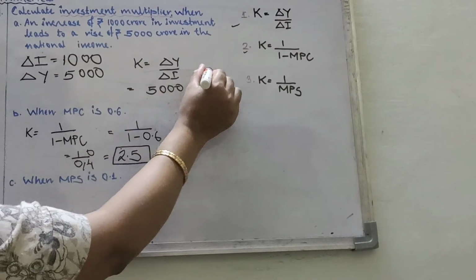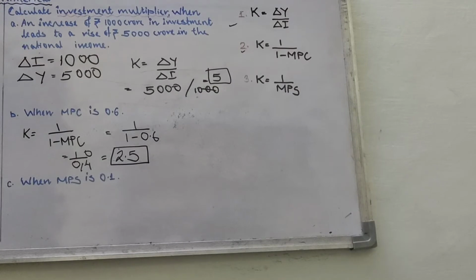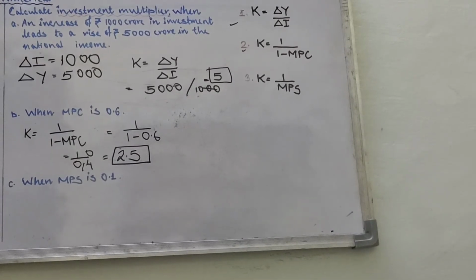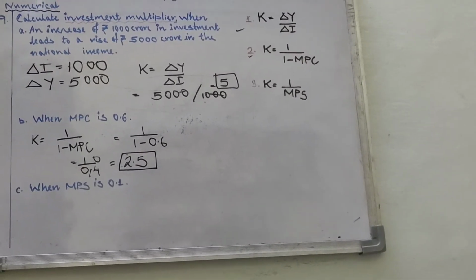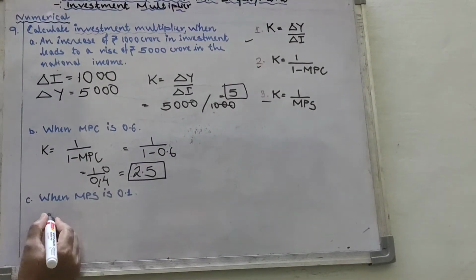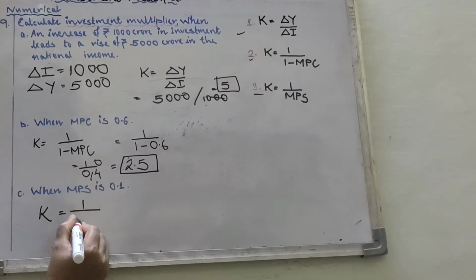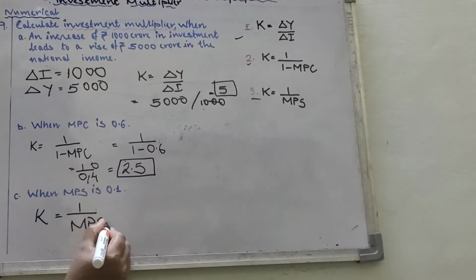In the next question, again we have to find the investment multiplier, and here MPS is given, that is 0.1. We will simply use the formula, that K is nothing but the reciprocal of MPS.